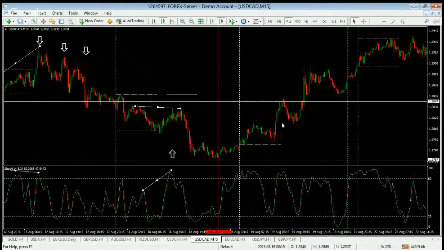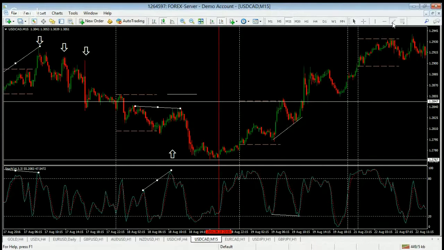And for the buy, when price started moving up, you can see a good buy here. Price was making a higher high. What was the indicator doing? It was making a lower low. Though not too low, it's obvious it was making a lower low, because look at the overlap here.